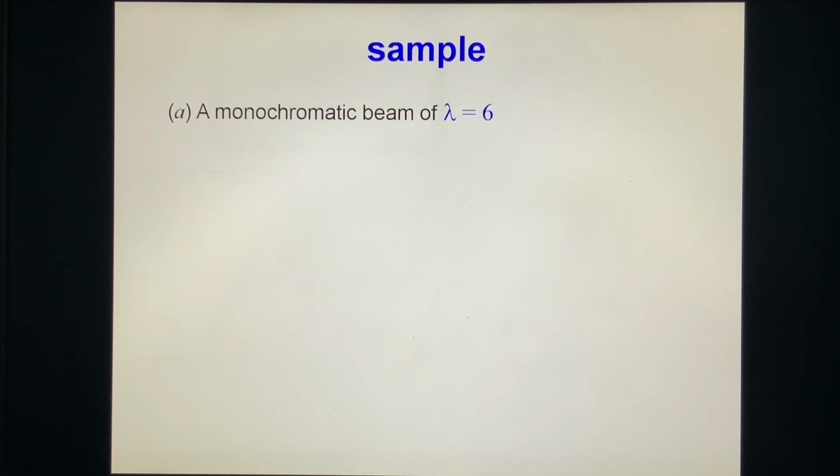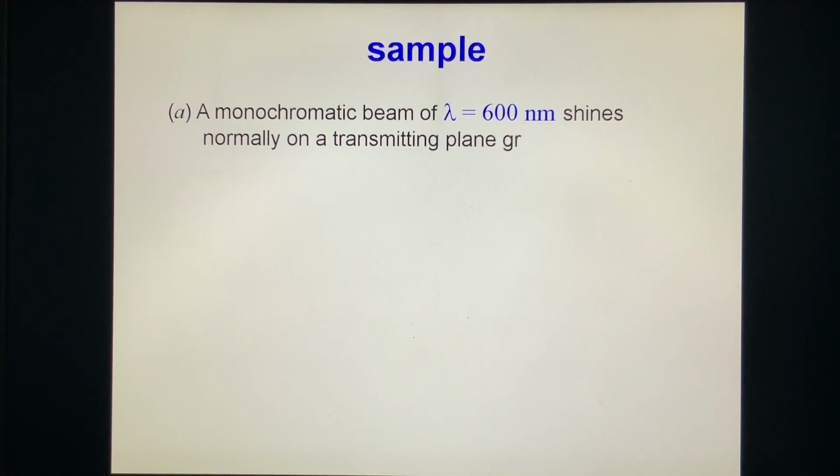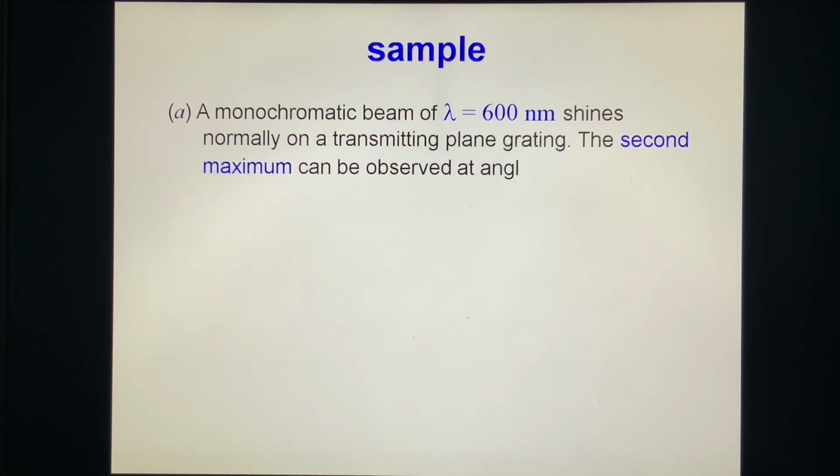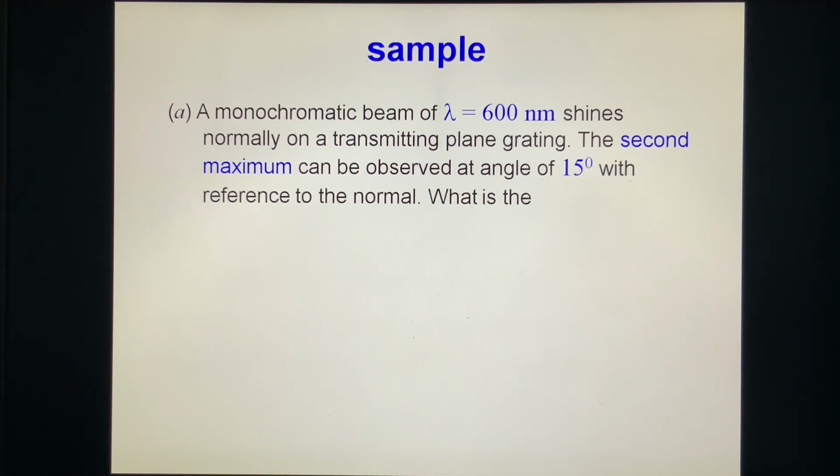A monochromatic light of lambda 600 nanometer shines normally on a transmitting plane grating. The second maximum can be observed at an angle of 15 degrees with reference to the normal. What is the separation d of the grating?